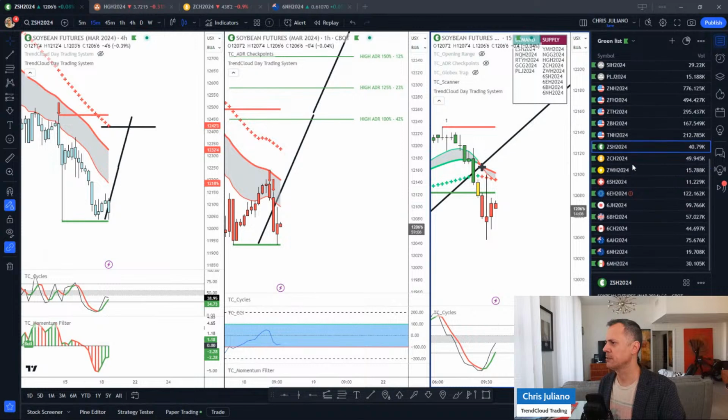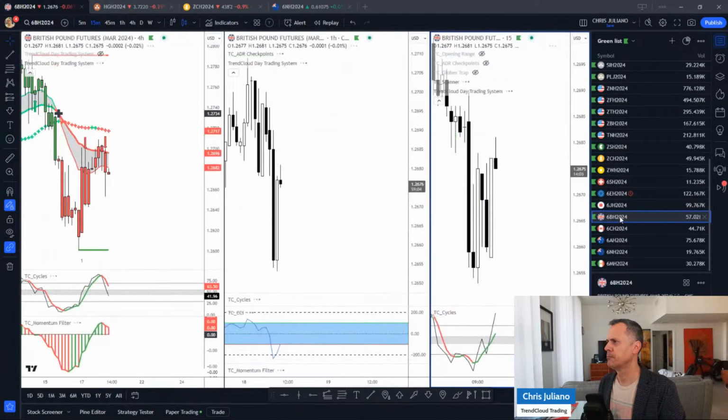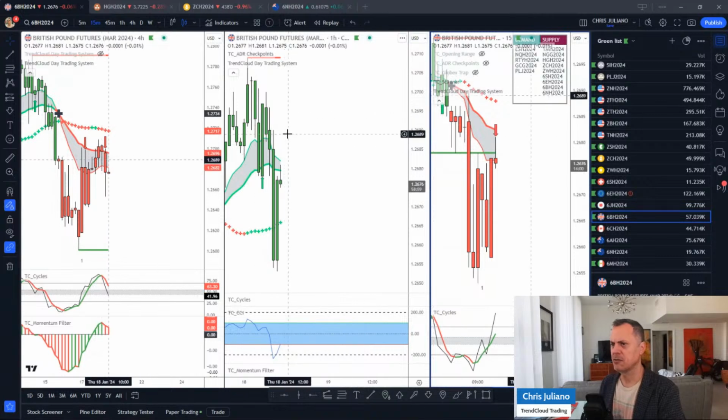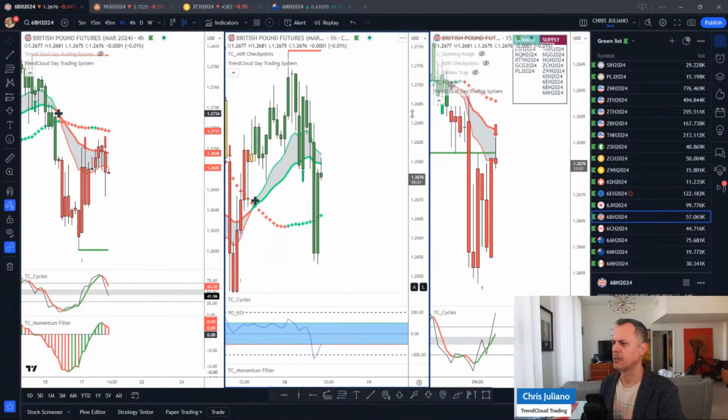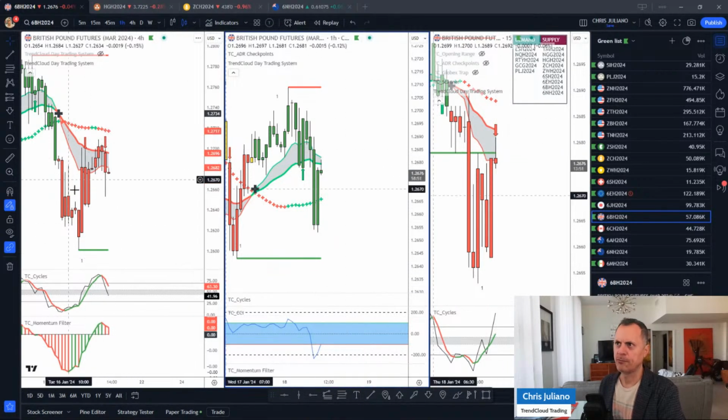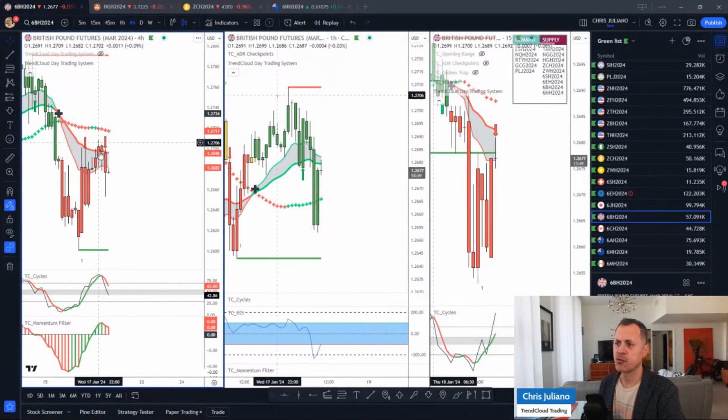British pound. Mixed signal. 15-minute trend cloud signal. 4-hour trend is down. Cycling down. Momentum is down.